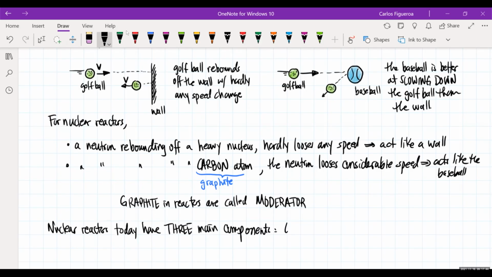What they have here is that one, they have nuclear fuel. Two, they have control rods. And three, they have water. So here's what you find here.